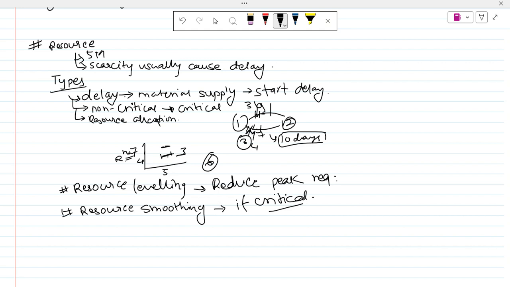Like in our previous case, if this shift is not permissible and this shift will cause delay or addition of days in the critical activity, so this will be resource smoothing if this shift causes critical activity shift.